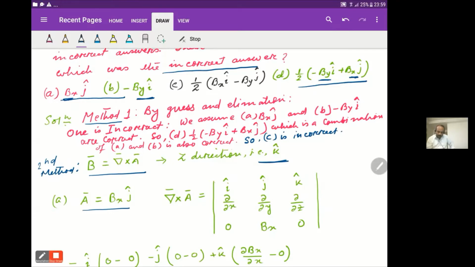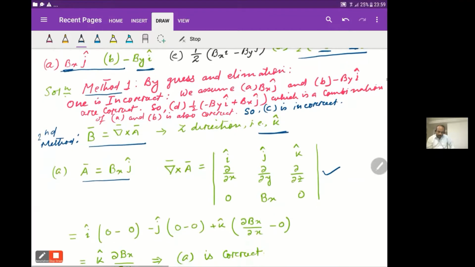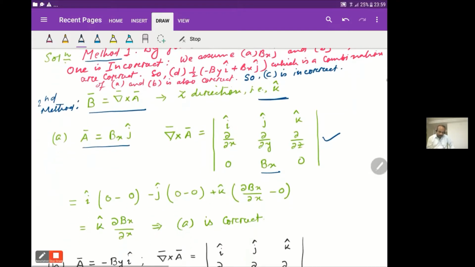Taking curl, i j k, del x del y del z, then 0, we have only Bx for j and again 0, and we get k cap del Bx by del x. That means B is along the Z direction. So option A is the correct one.